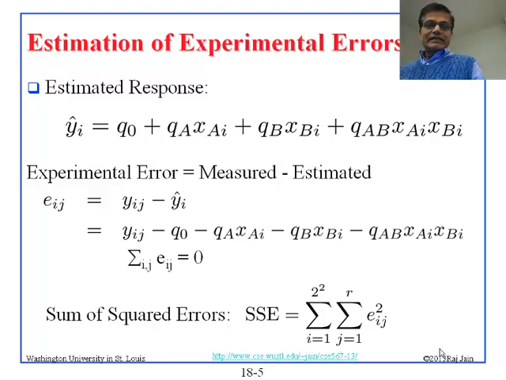And the main thing is that your estimated response, y hat, would be this value, plus e would assume 0. So this would be your y hat. Your error will be equal to the difference between y measured minus y hat.